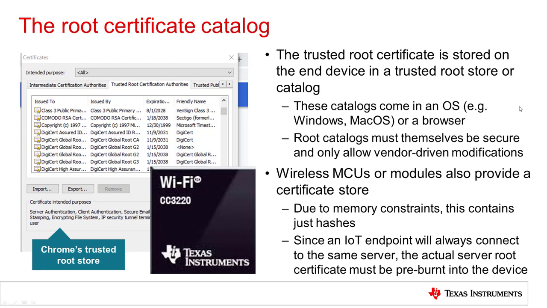However, with wireless MCUs, you have limited memory space. So the practice there is, instead of having all the trusted root certificates available in full, you typically just have hashes of the certificates. And then it's required for the developer to actually add the real root certificate that's going to be used for the certificate validation onto the device.